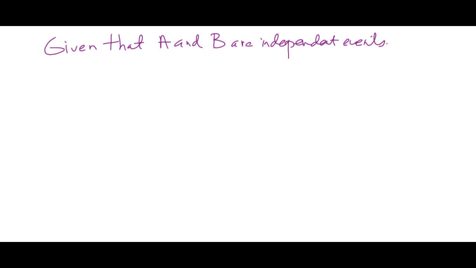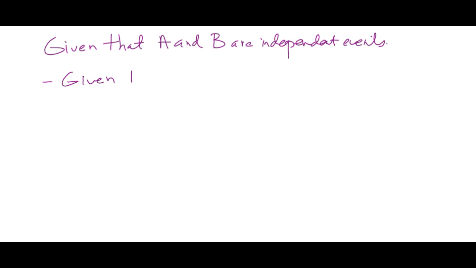Another variation of this question is they give you some probabilities and say, are these independent events, right? And then you have to say, well, if they're independent, then the probability of A and B is P of A times P of B. Given the numbers they gave me, is this a true statement, right? If it's true, you could say, yeah, these are independent events.